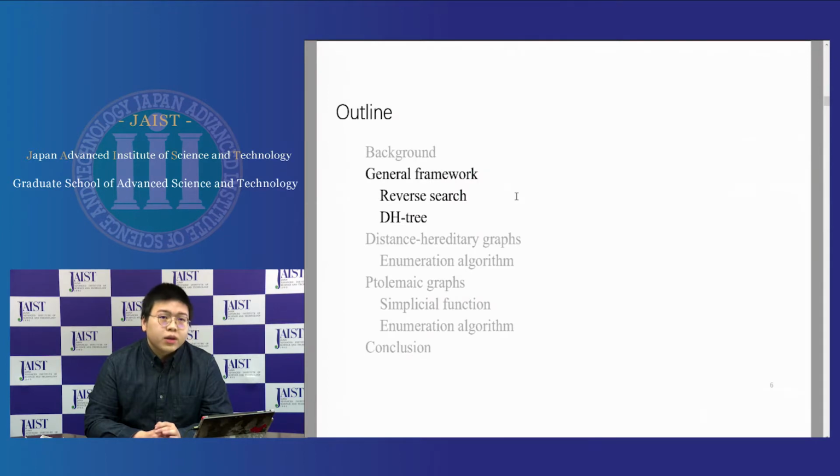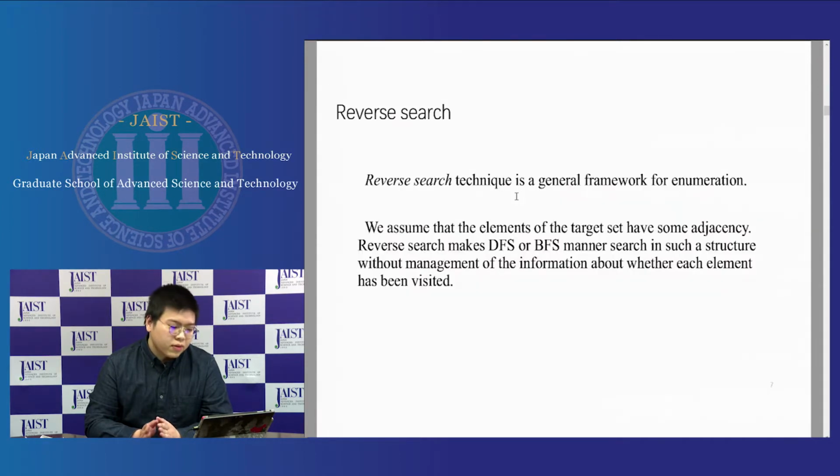And here is the general framework for the enumeration algorithm. They use reverse search as the main technique of the general framework for enumeration. In reverse search, we assume that the elements of the target set have some adjacency. Reverse search performs a DFS or BFS in such a structure without managing the information about whether each element has been visited.